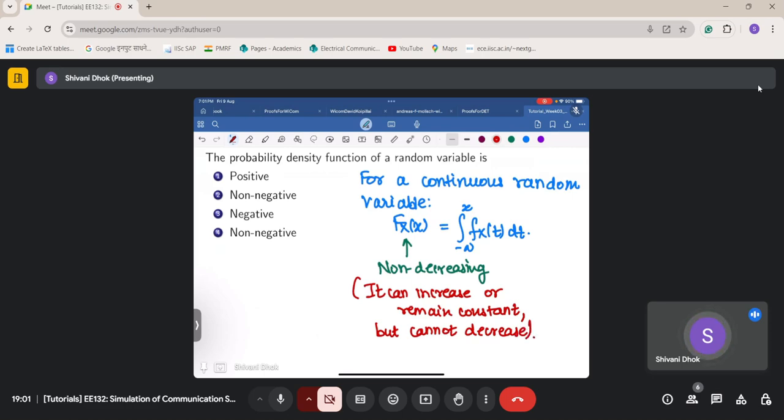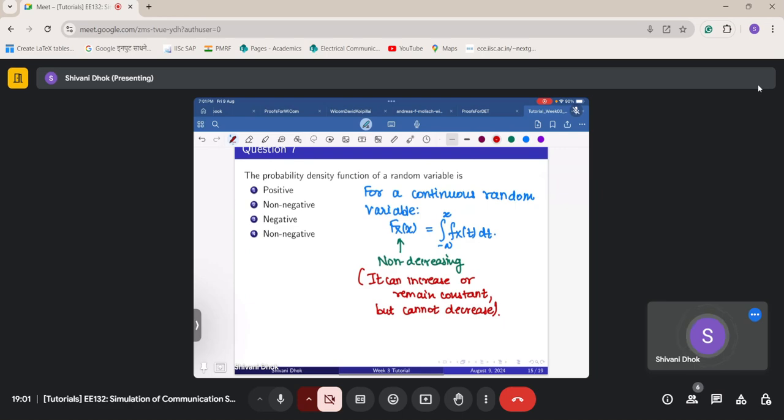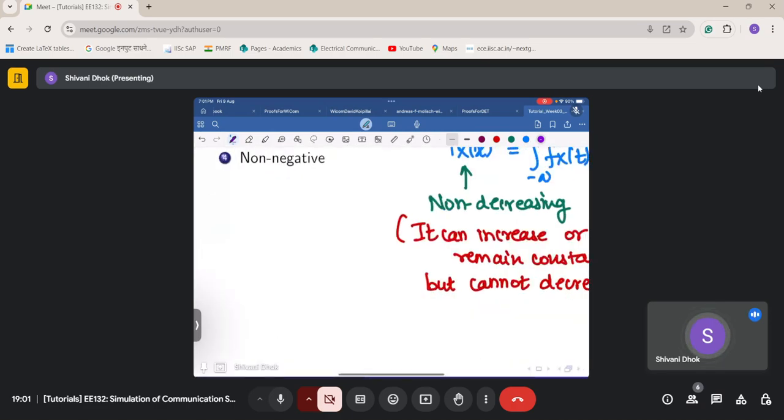So therefore this is always a non-decreasing function. And we have seen that this fx of x is the PDF, and this fx of x is basically the slope of this CDF. Now the CDF is a non-decreasing function.